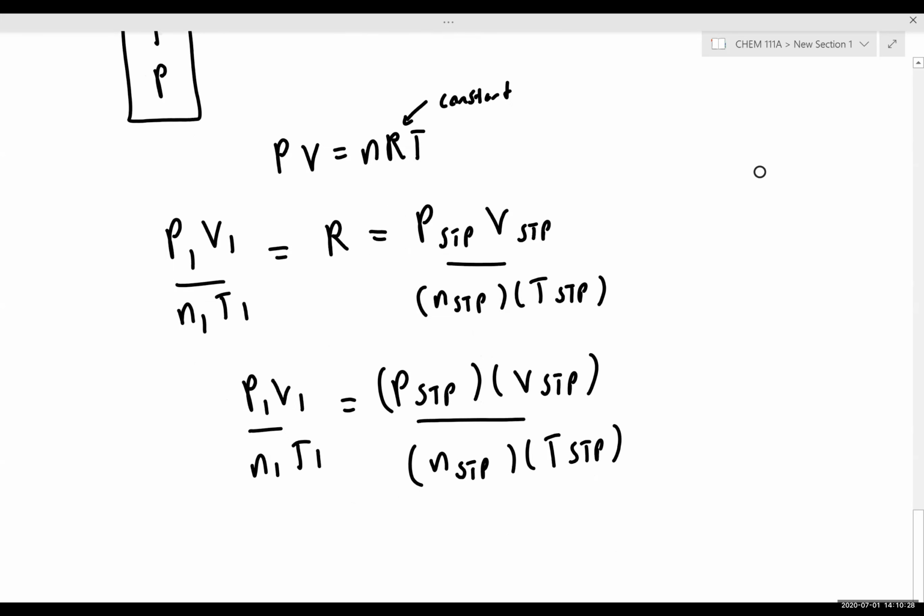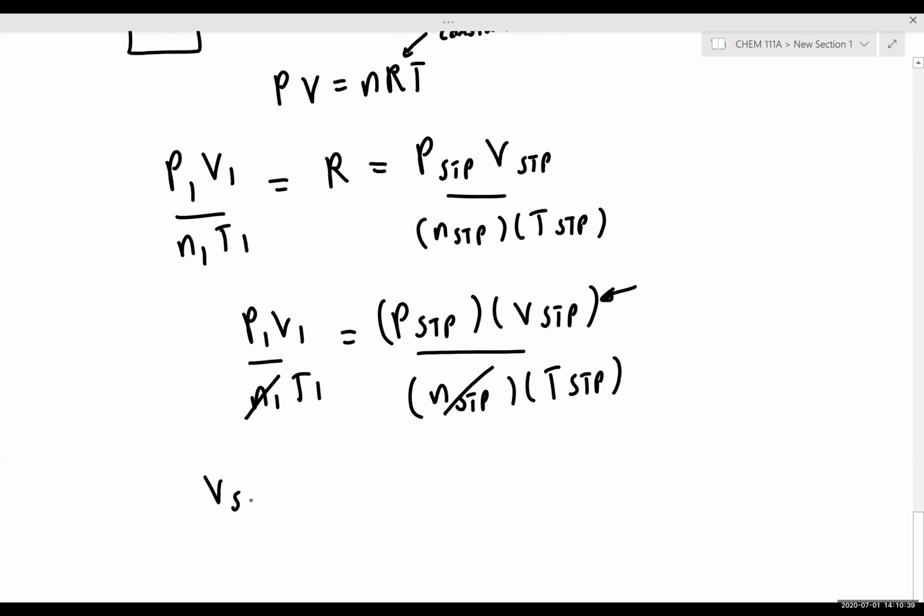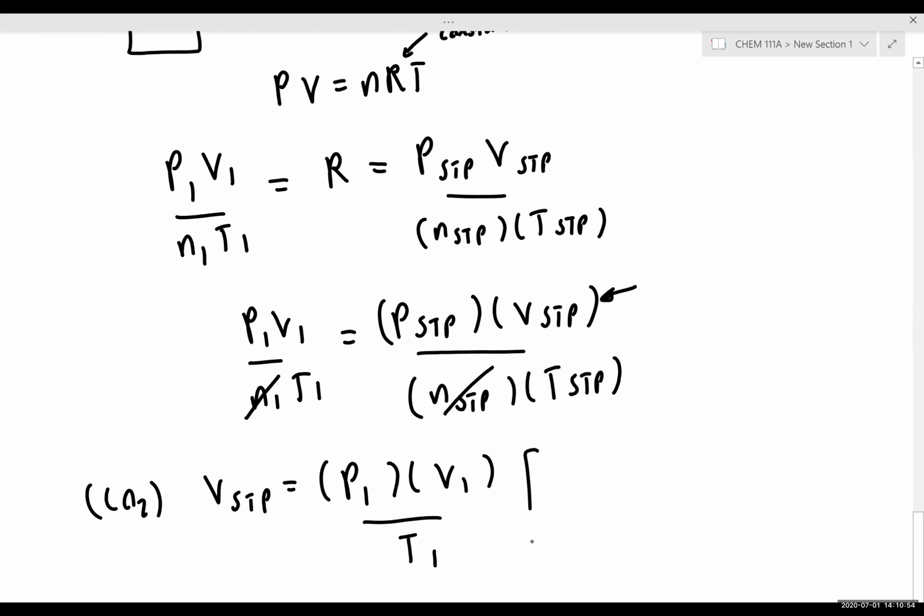Now, the moles are not going to change. So the moles are going to be the same, so we can cancel those out. And we can solve for the volume at STP, where the volume at STP of our carbon dioxide is equal to the pressure that we measure experimentally times the volume that we measure experimentally over the temperature, times the temperature at STP in Kelvin over the pressure at STP in atmospheres.